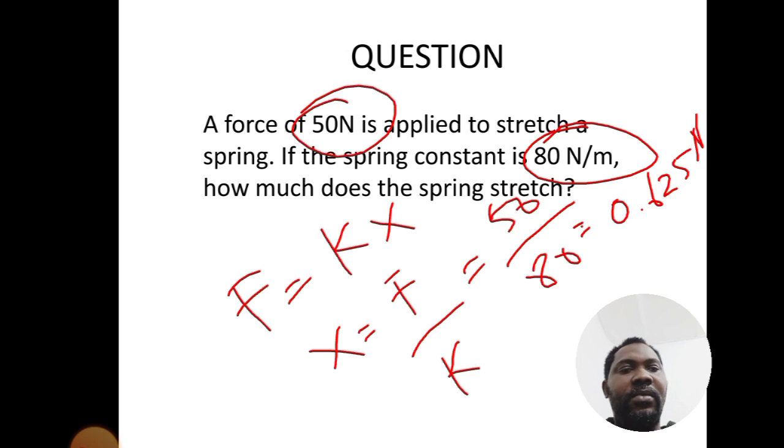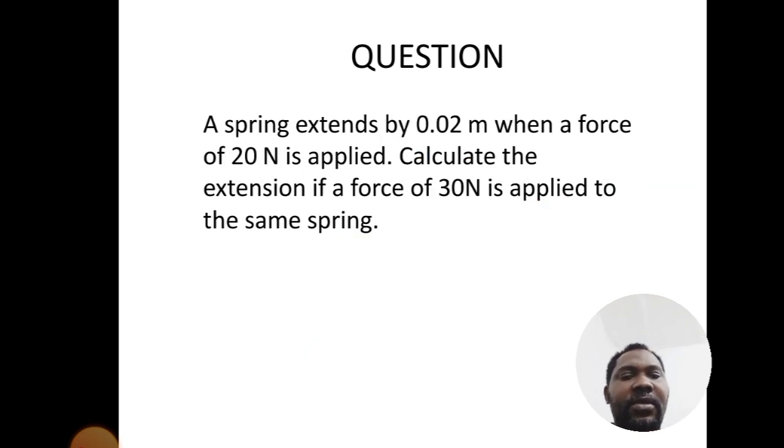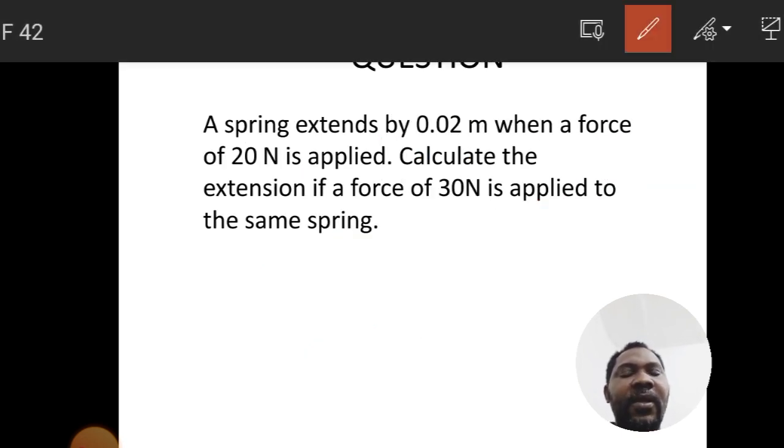So that leads us to another question. It says a spring extends by 0.02 meter when a force of 20 newtons is applied. Calculate the extension if a force of 30 newtons is applied to the same spring. The best way to go about this question is to start by finding the spring constant.